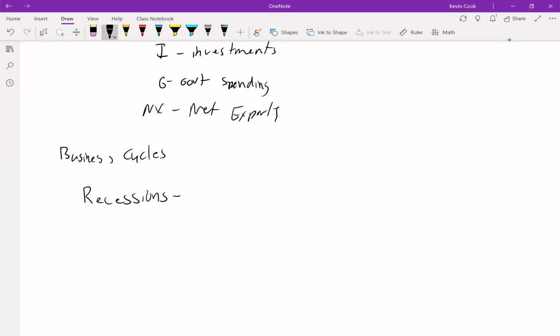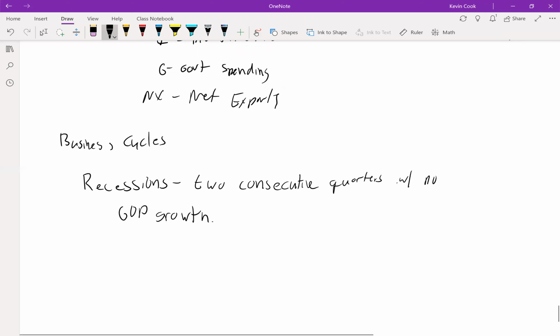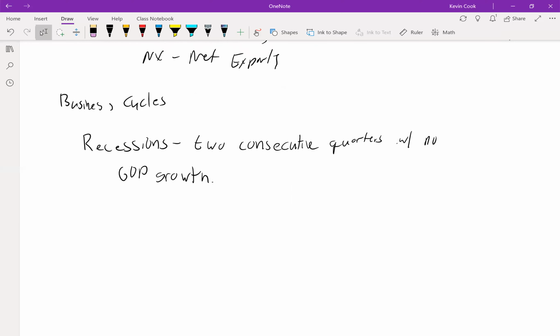And our recessions are going to be two consecutive quarters with no GDP growth. A quarter is a quarter of a year, so we have Q1, Q2, Q3, and so on throughout the year. We're going to have two of these in a row without any growth, or two in a row with decline, whichever is applicable for our situation.